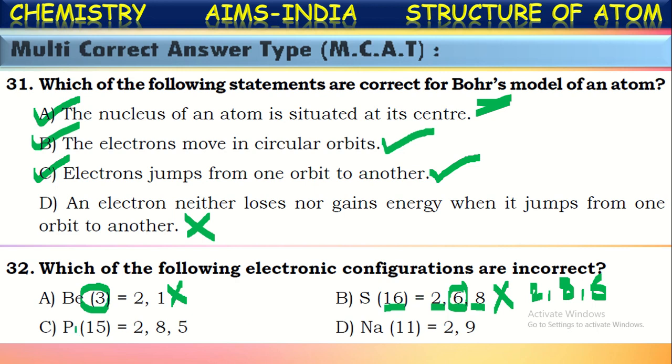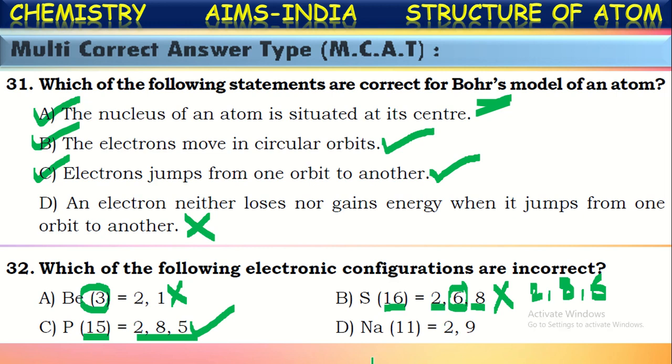See the next one, phosphorus. The atomic number of phosphorus is 15, correct. So it has 15 electrons. Now 2, 8, 5 is a correct configuration because the first shell can accommodate 2 electrons, the second can accommodate 8 electrons, and the remaining electrons go into the third shell. 2, 8, 5 is a correct configuration.